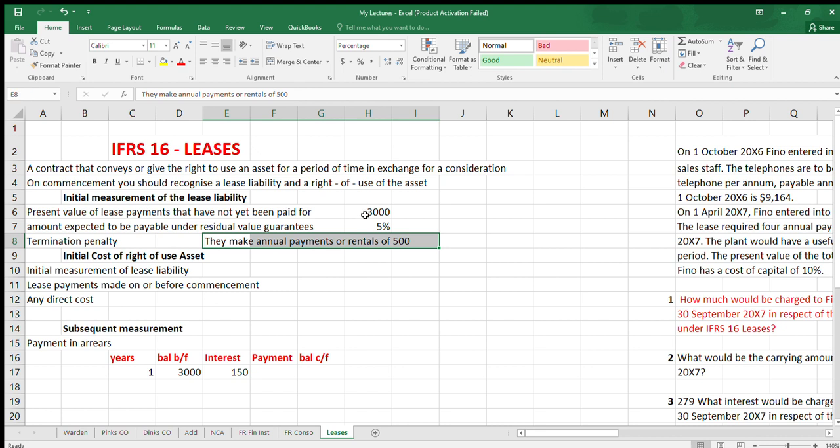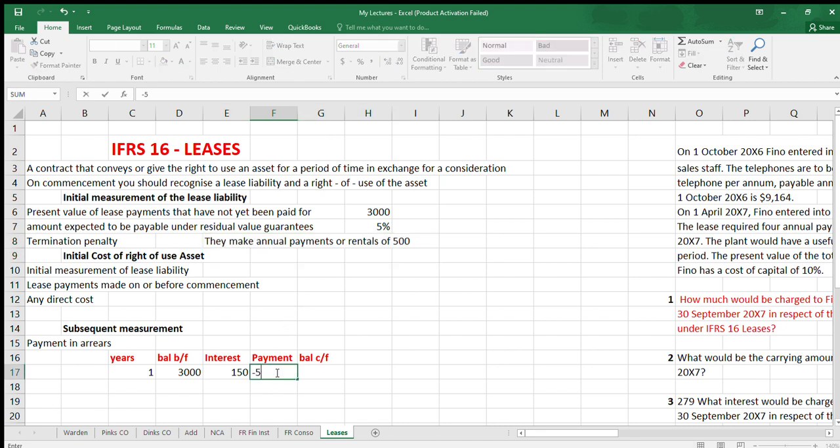This is not what they pay. This 3,000 is the lease liability, the total amount of the lease contract. But the question will state that though the amount is 3,000, every year they make annual payment of 500. So this 500 will become a negative figure here.